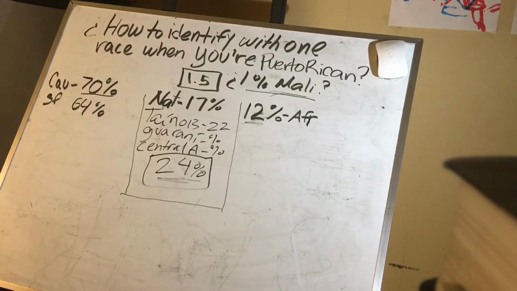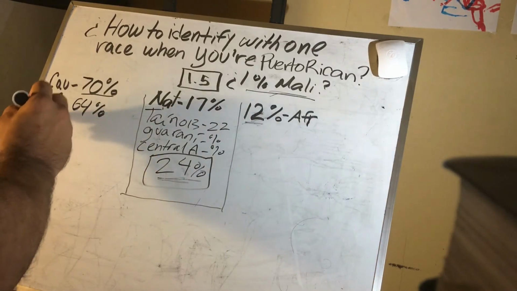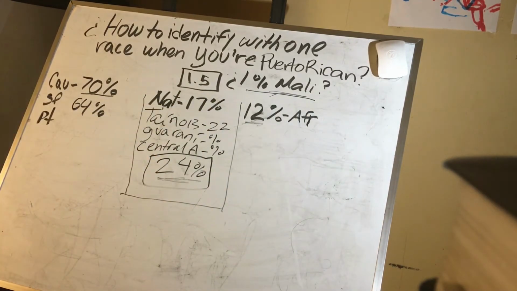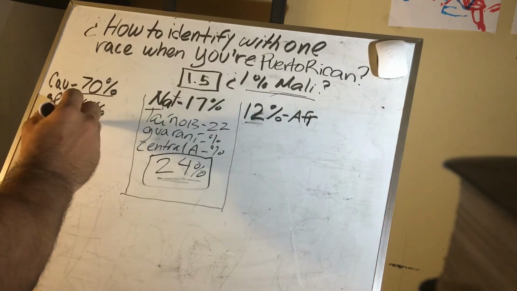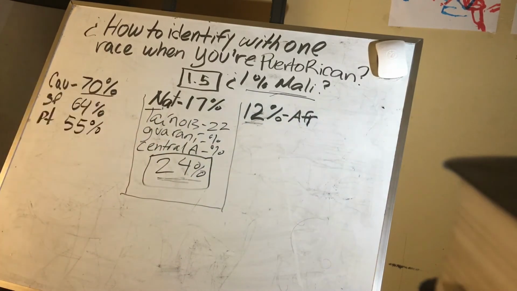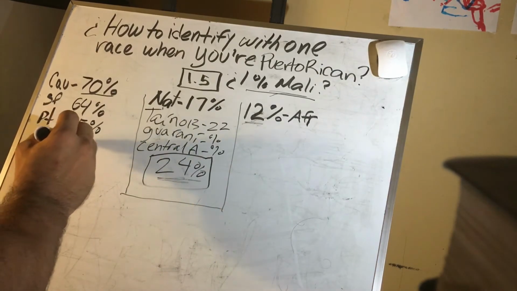So if I subtract the 14% for Portugal and I add the 5%, it ranges down to a 55% Caucasian. My third Caucasian percentage was Ireland at 9%. If I subtract the 9% and I add the 0%, which it ranges down to 0, it equals a total of 46%.